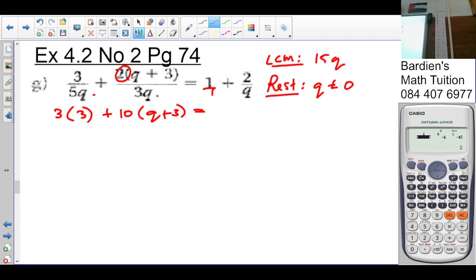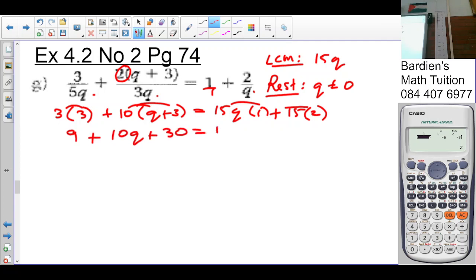So 1 must be multiplied by 15q. And this here must be multiplied by 15. That's all. So what do I do now? Get rid of the brackets. So 3 times 3 is 9 plus 10 times q is 10q plus 10 times 3 is 30 equals 15q times 1 is 15q plus 15 times 2 is 30.